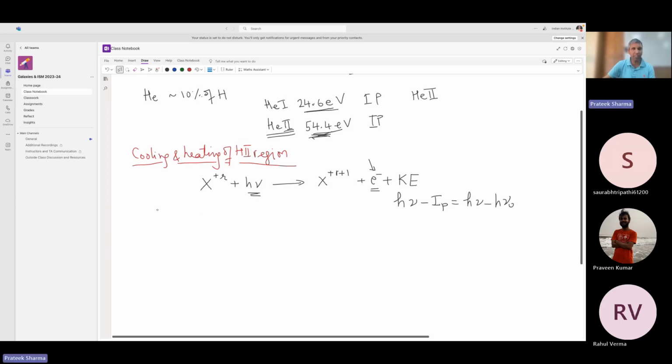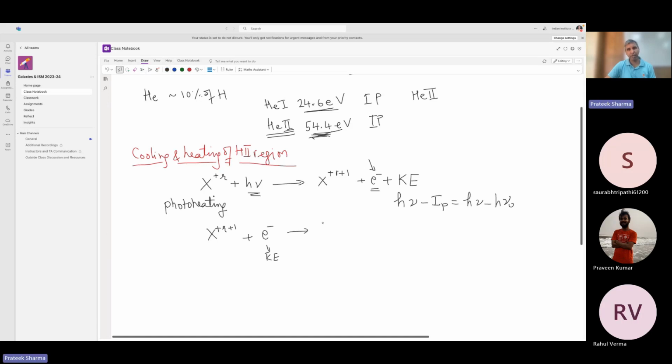So this is called photoheating: the electron carrying the energy produced due to photoionization. Then you have X plus R plus 1 plus an electron. This is recombination, and the electron has some kinetic energy.